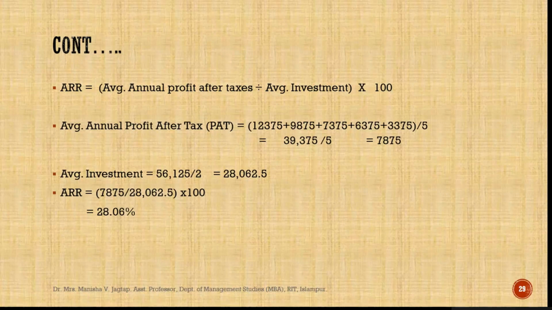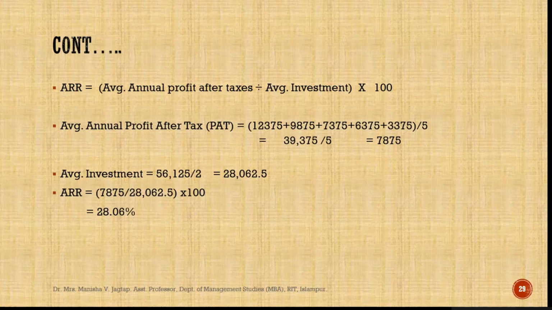So on the basis of payback method, we can suggest the organization to accept proposal B. Why we are suggesting machine B to the firm? Because the payback period of machine B is less than the machine A. Therefore, firm should purchase or acquire machine B when compared with machine A. So this is the suggestion we can give to the organization.